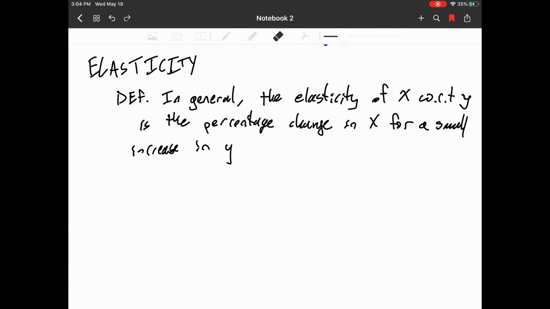And just for completeness here, we'll rewrite this as little x.